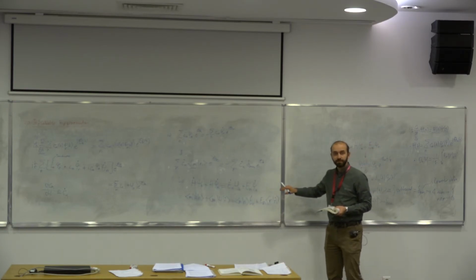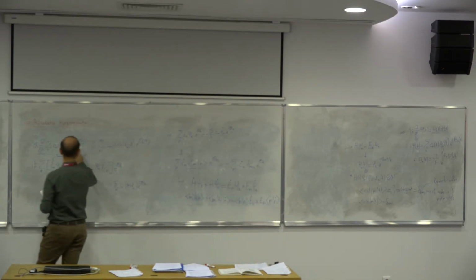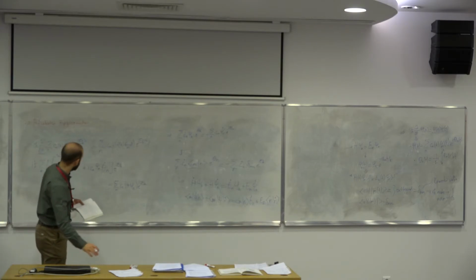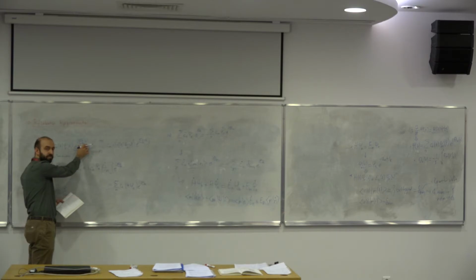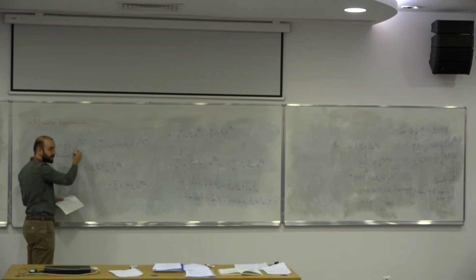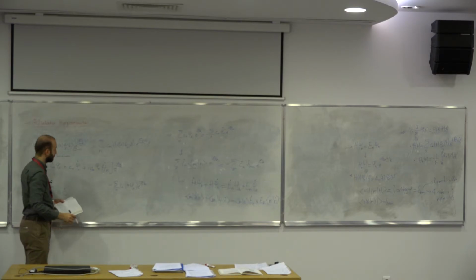This one? It's the time derivative of this component. This is a function of time. So when you take the time derivative of this exponent, what you get is the time derivative of this guy down here.